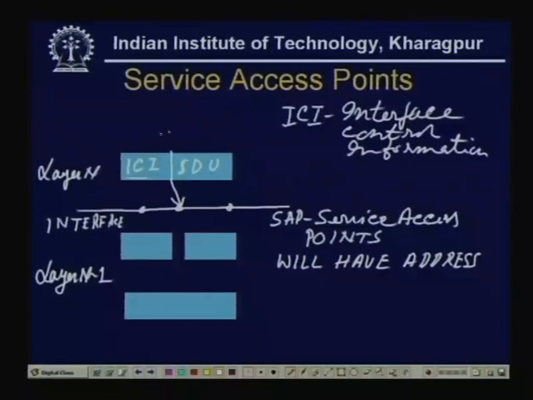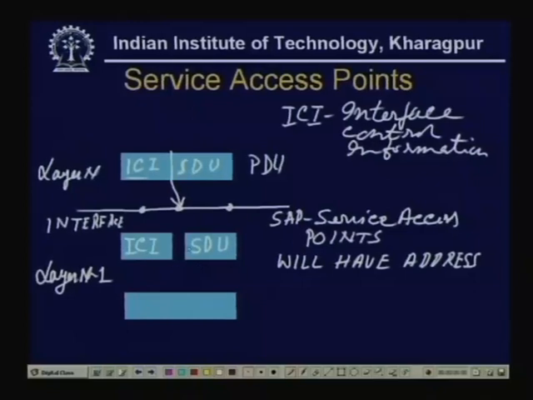Here also it is somewhat similar to that, the layer N will send this particular data, this is called the PDU or protocol data unit of this layer, and this is communicated to the lower layer. And this lower layer will separate it out, ICI is separated out from the SDU, service data unit.